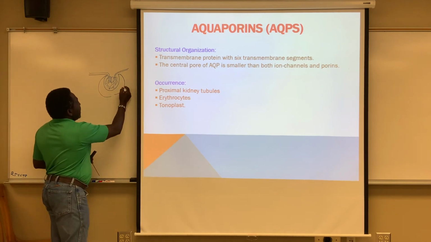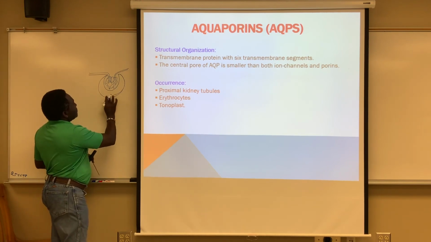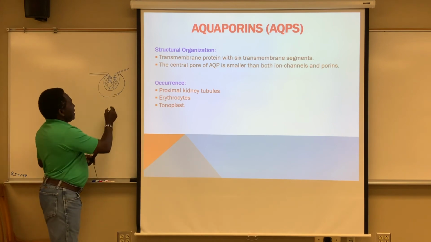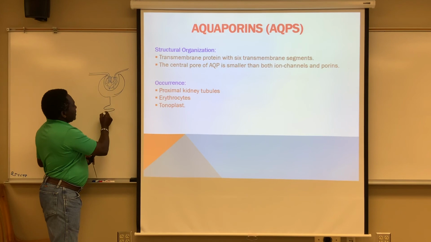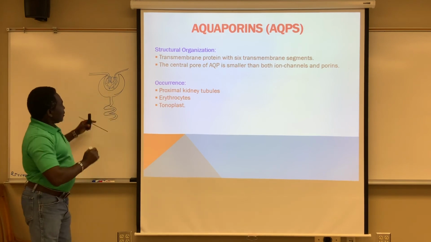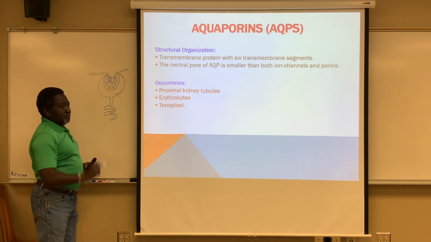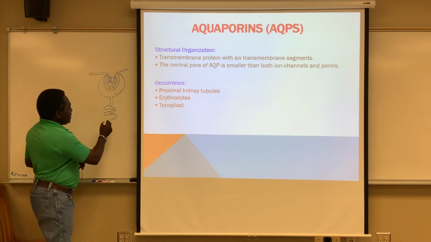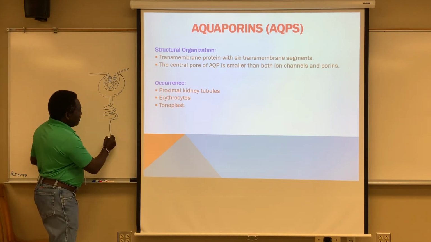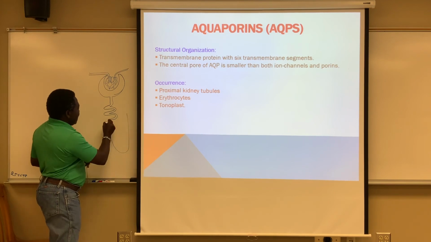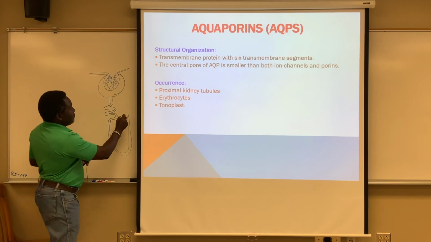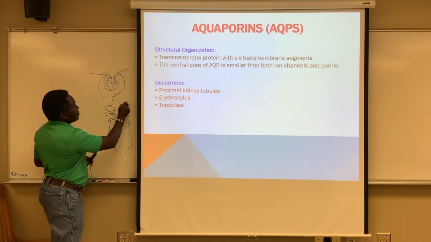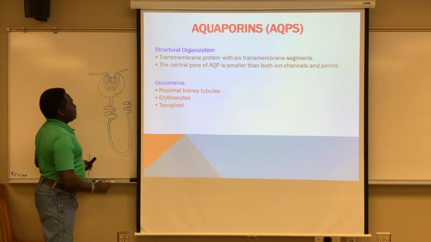The filtered blood then comes out through a tube, and this tube comes down to form an area that is curved like this. This is what is called proximal kidney tubule. This leads to a loop which is called the loop of Henle. And then you have another convoluted area here which is called distal convoluted tubule.